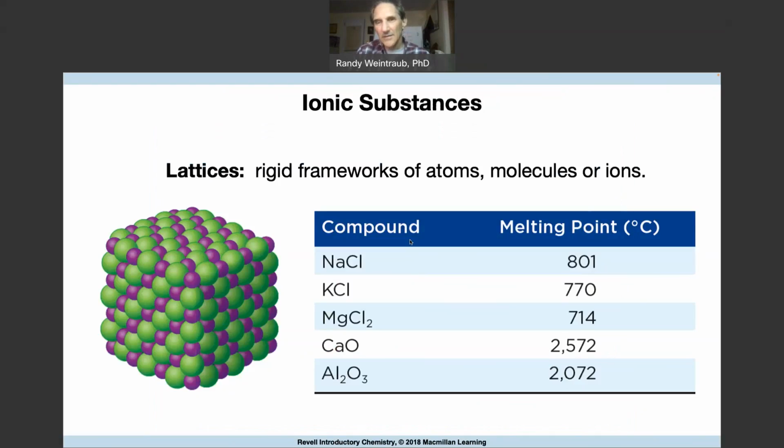When we talked about ionic compounds in chapter 5, we mentioned that the ionic formulas are really signifying a network or lattice, a rigid framework of the atoms.